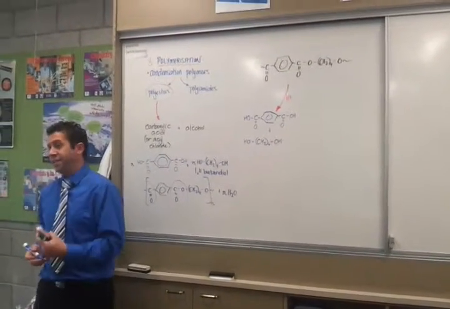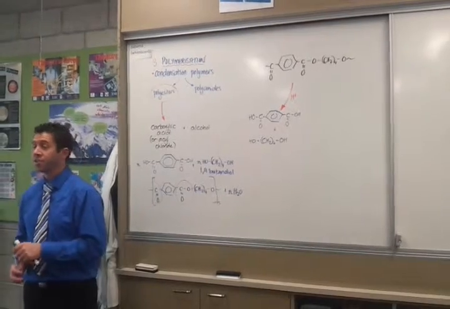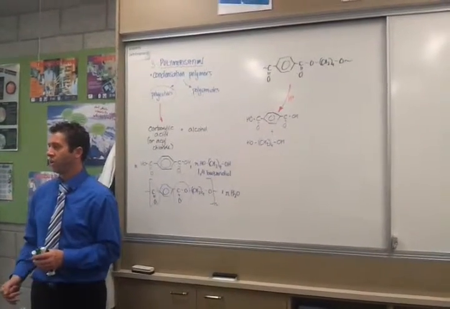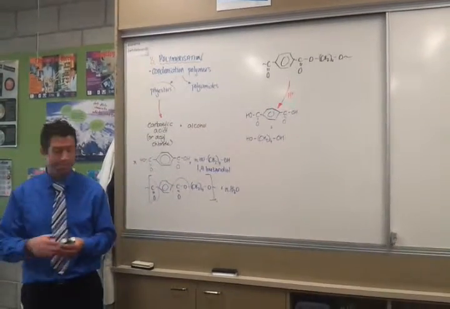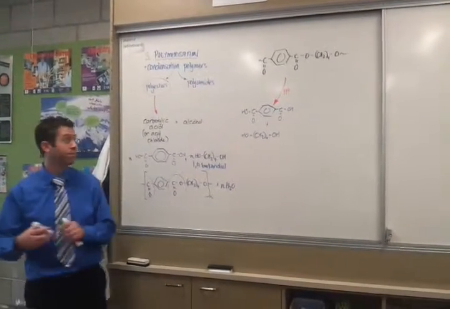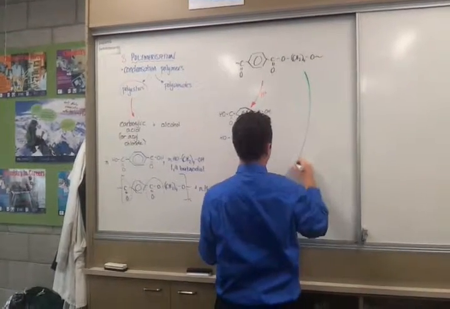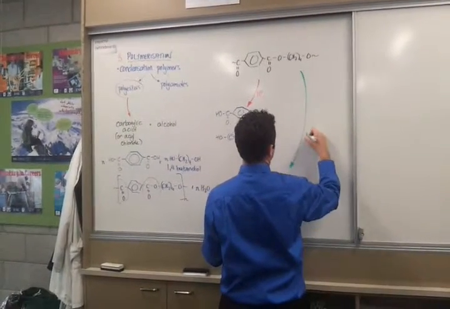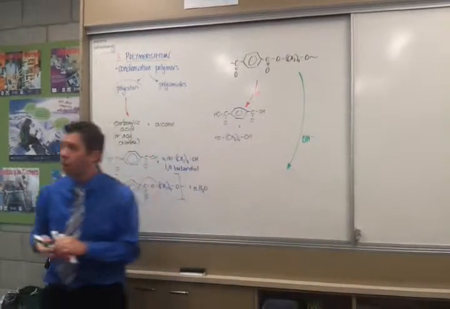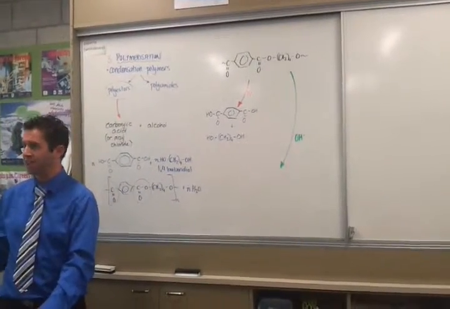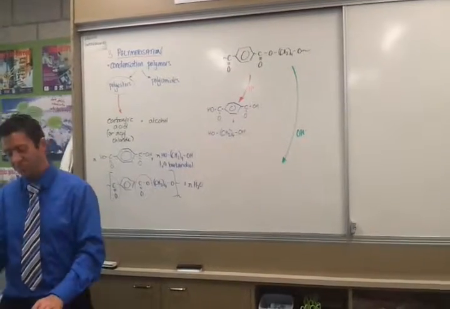If you get a base, so sodium hydroxide for example, which is found in oven cleaner, if you get a base on your clothing, that'll also hydrolyze them, but it gives a slightly different product. So we'll do that one down here. The alcohol will still be the same because alcohols are neutral, so it doesn't matter if you hydrolyze with acid or with base, you're still going to get the alcohol.